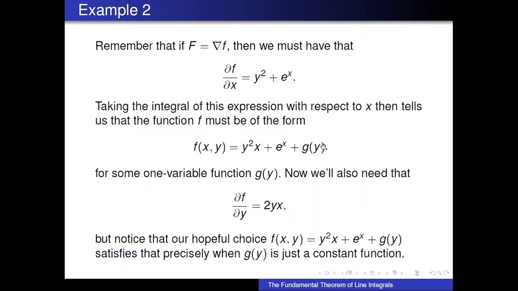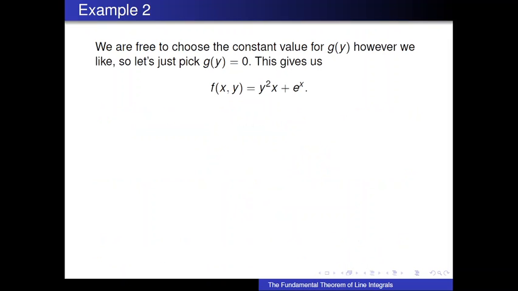In fact, that would just get in the way. So really, we just need that g of y is some constant function, and we're allowed to pick any constant function we like. My favorite one is the constant function that's everywhere equal to 0. Okay, so we'll pick that one. That leaves us with our function little f of x, y being just y squared times x plus e to the x. So now we've got that potential function for big F.